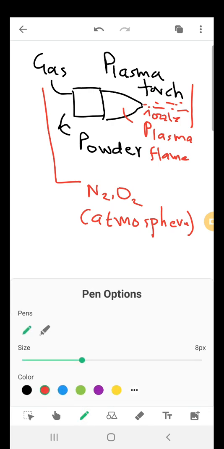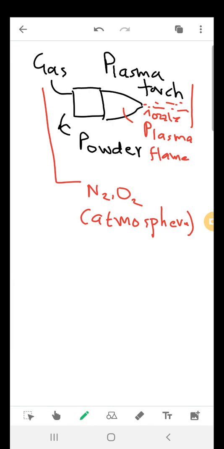Now here the gas which is used is ionized, and it leads to a plasma jet.